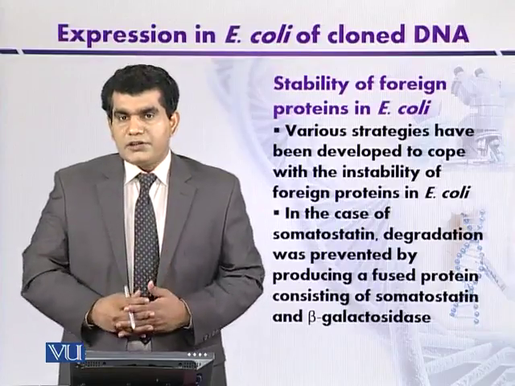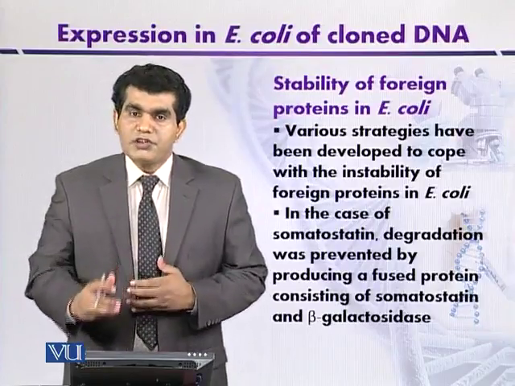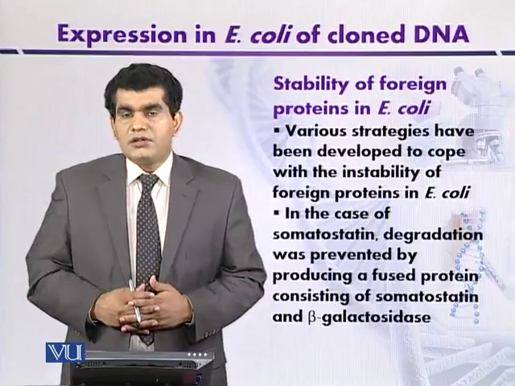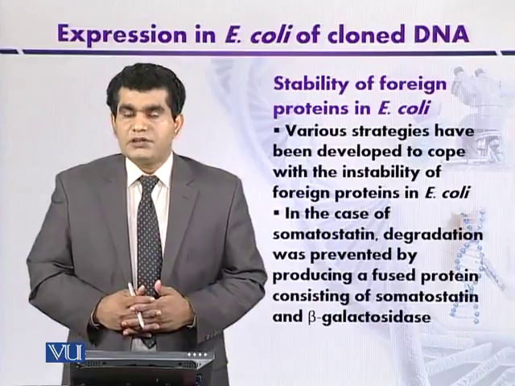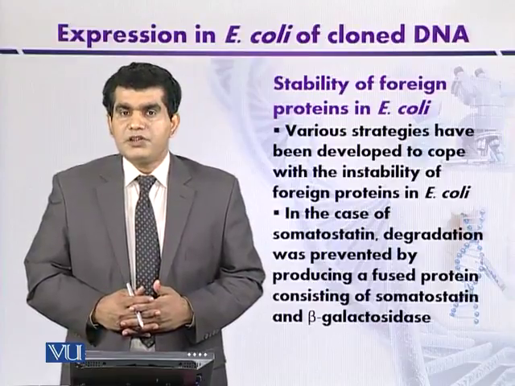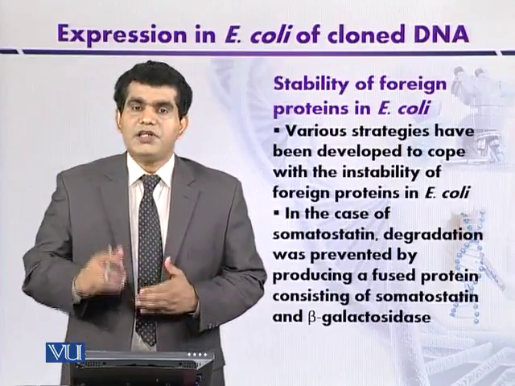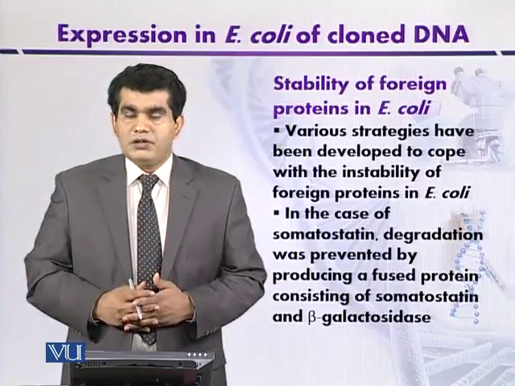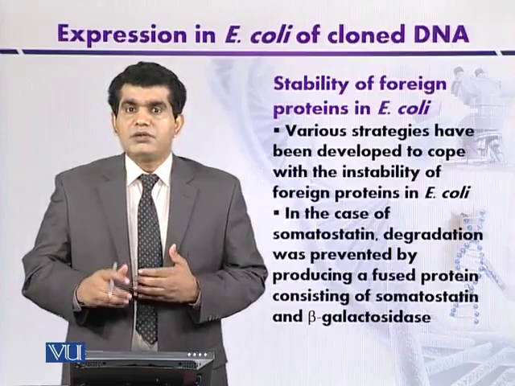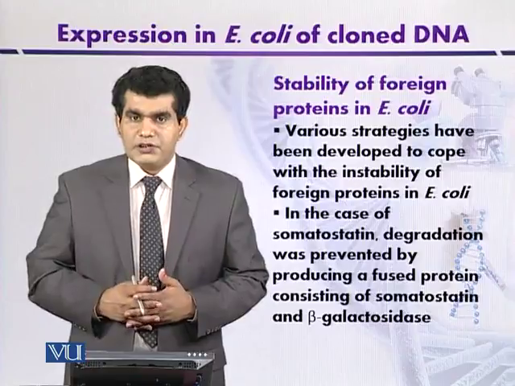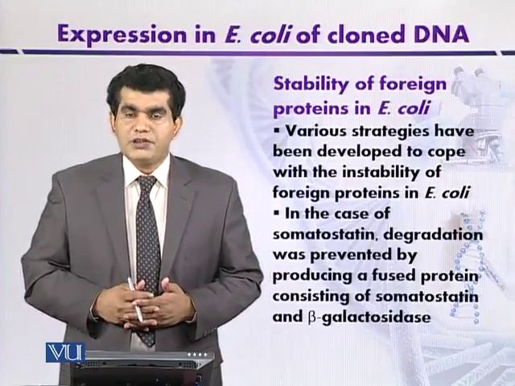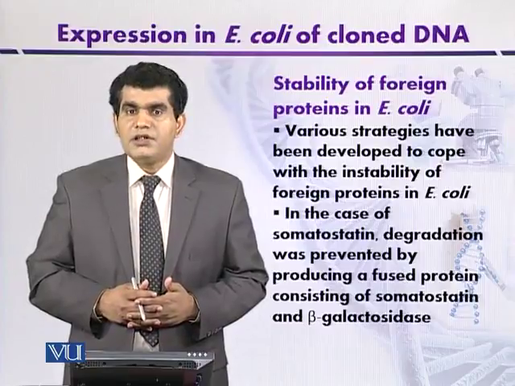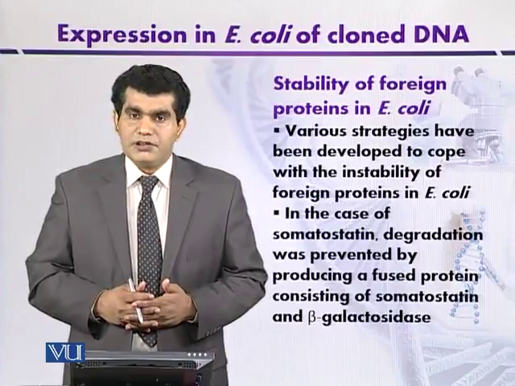In addition to that, if we want more stable foreign proteins, then microbes that are deficient in sigma 32 factor, which mediates heat shock response, can be used to increase the accumulation of foreign protein. Another important protease is Clp protease.